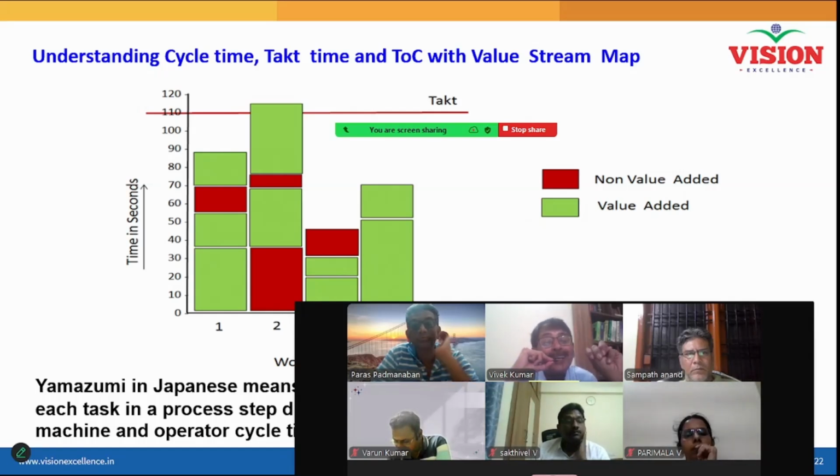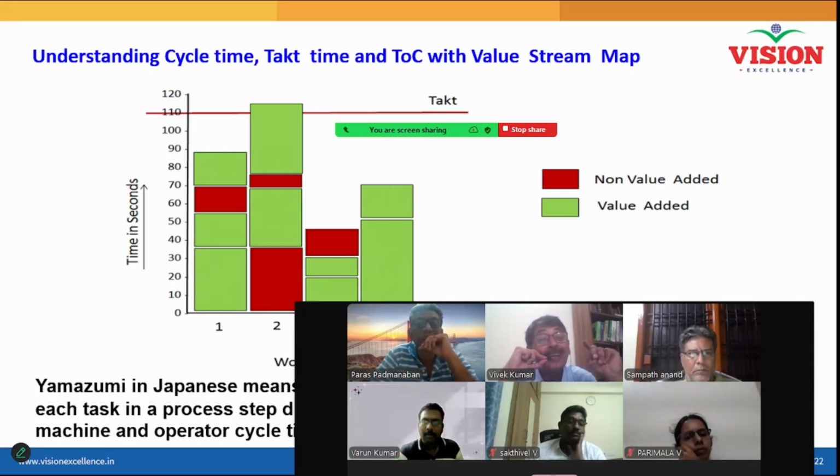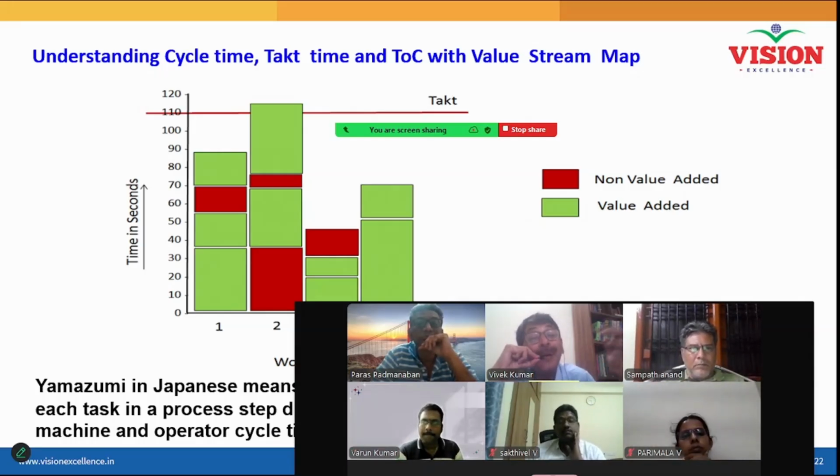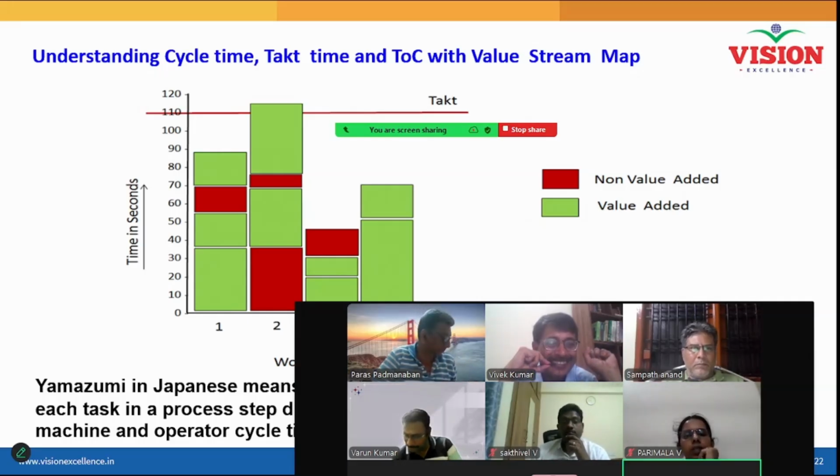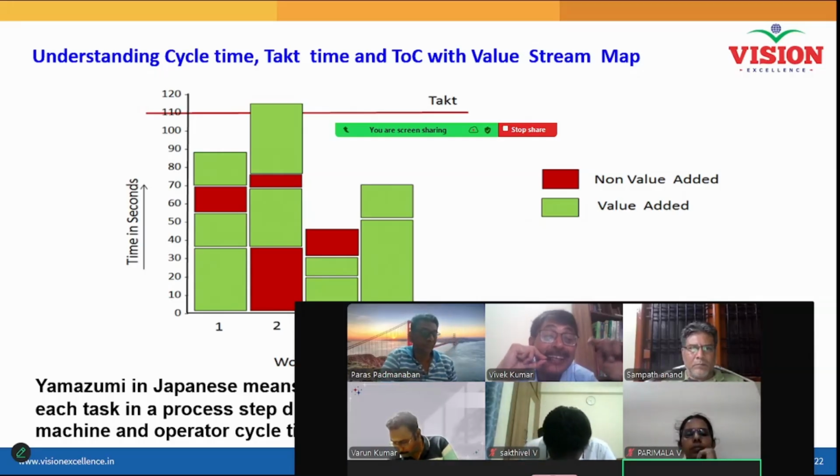Please remember, this is a trick question. Value enabling. And what is the meaning of value enabling? Non-value adding but necessary. A necessary non-value added activity. Yes, very correct. Non-value adding but necessary.